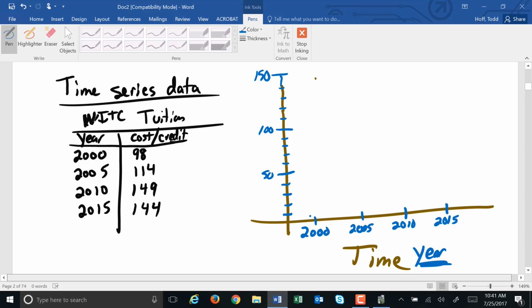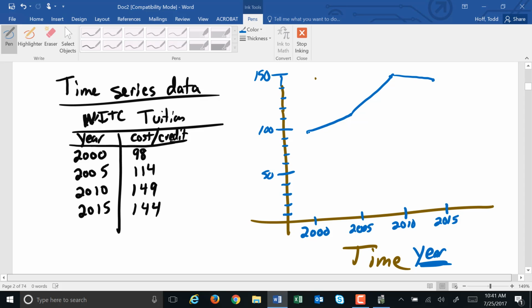So in 2000, it was 98 bucks right there. 2005, 114. 2010, 149. 2015, 144. So it looks like that.